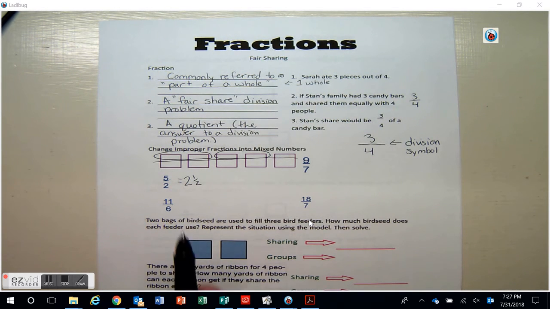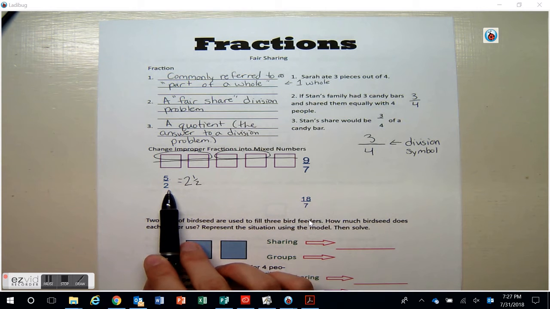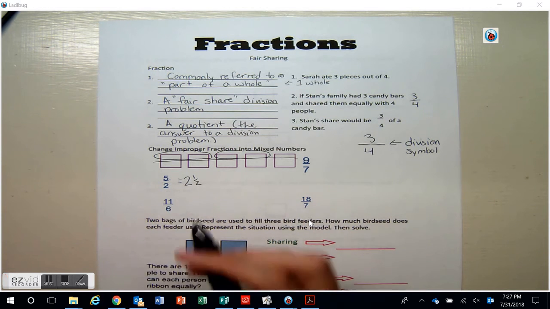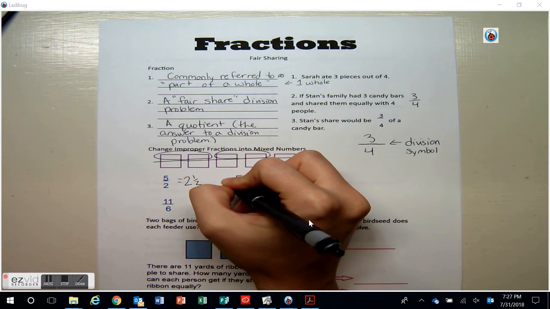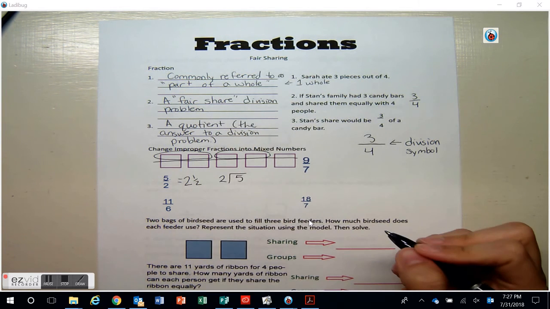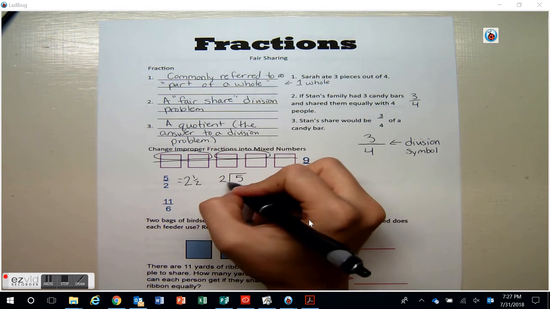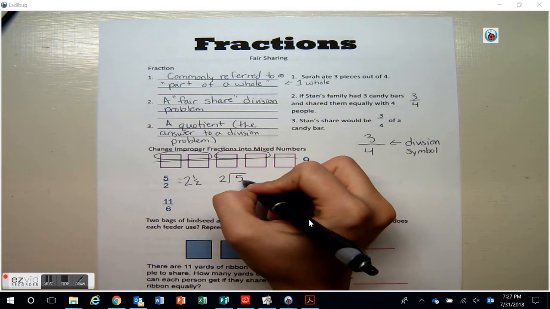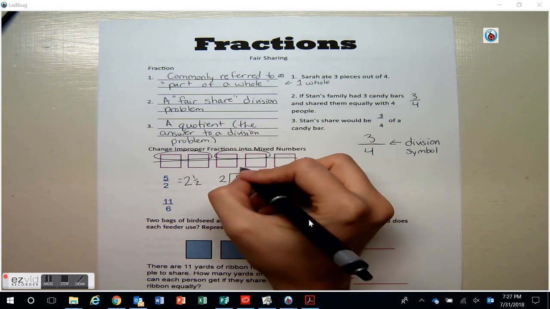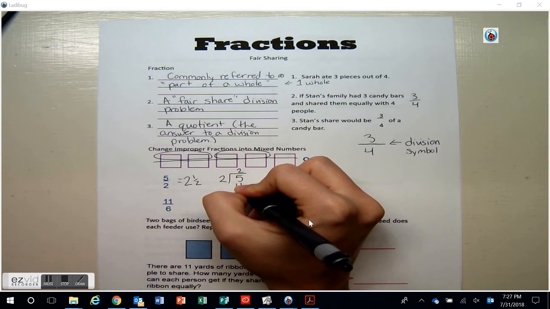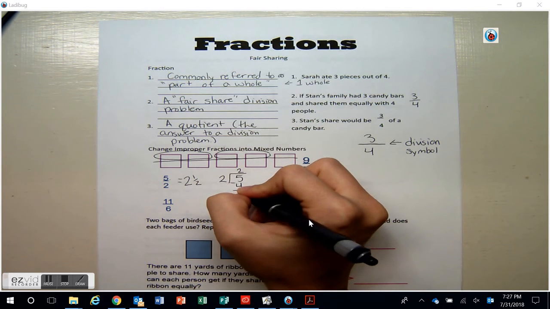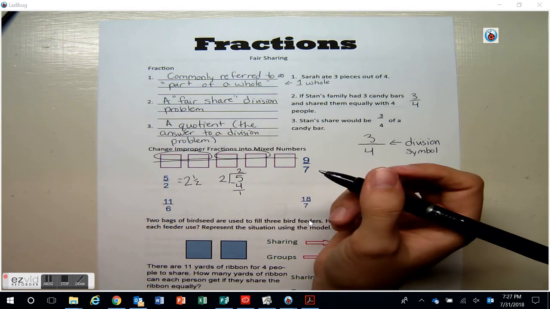So here, Sarah ate 3 pieces out of 4, part and whole. The 4 represents the 1 whole. The 3 is how many she ate. A fair share division problem. If Stan's family had 3 candy bars and shared them equally with 4 people, he would pass them out and divide them. And that would be my problem.